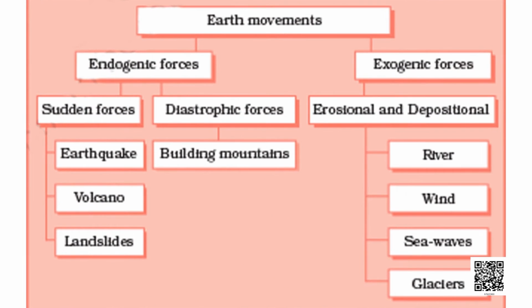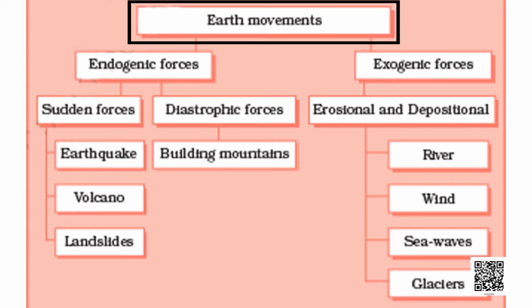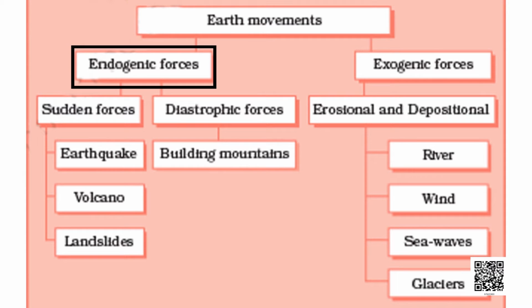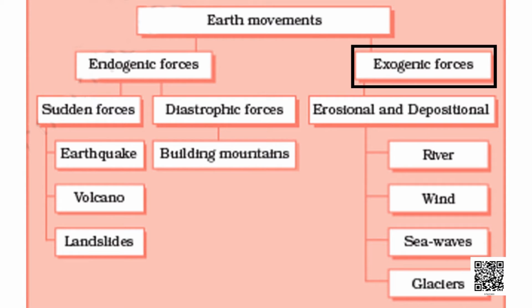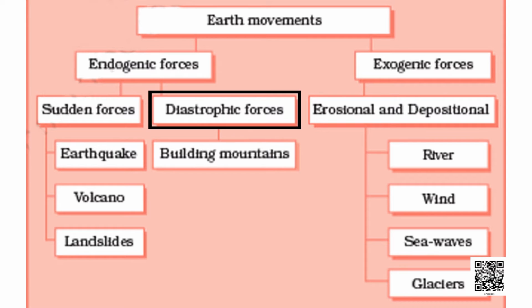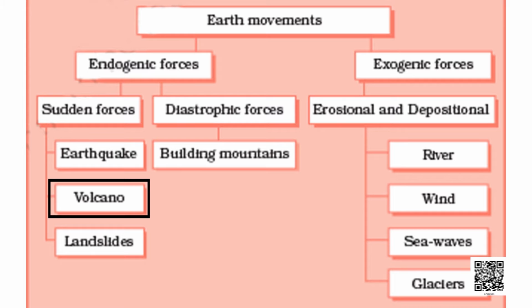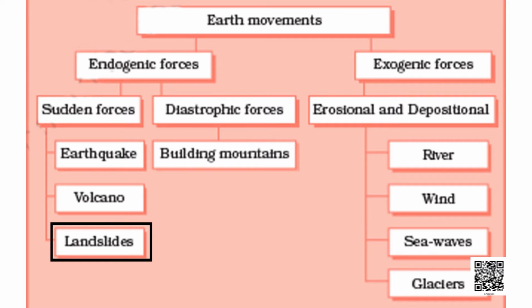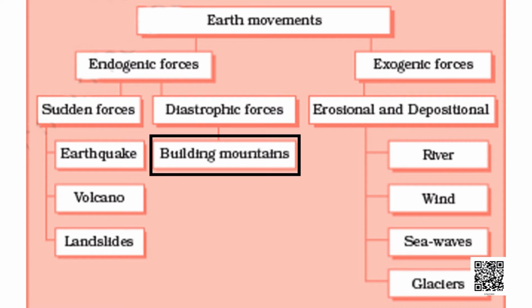Now look here at the table of evolution of landforms. Earth movements are caused by endogenic forces and exogenic forces. Endogenic forces are of two types, sudden forces and diastrophic forces. The sudden forces are like earthquake, volcano and landslides, and diastrophic forces are caused like building mountains.